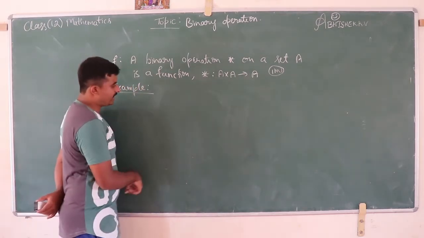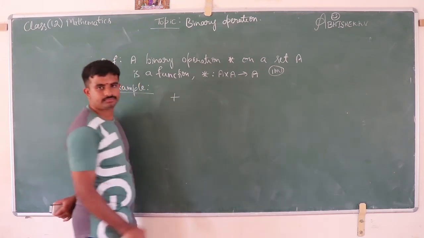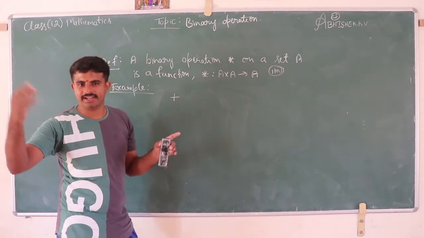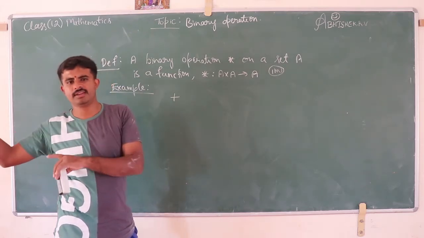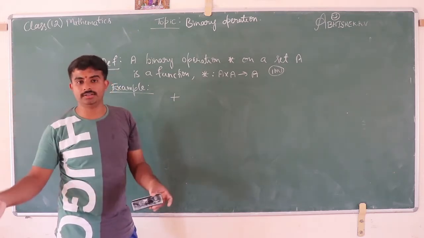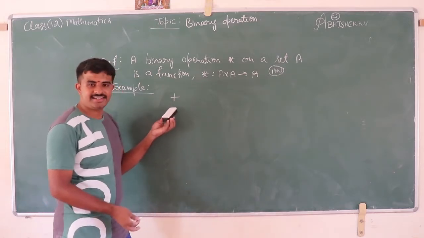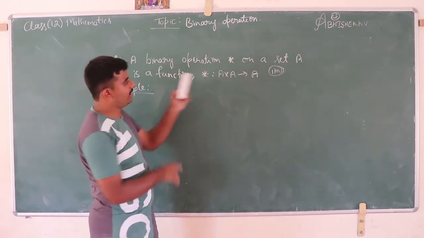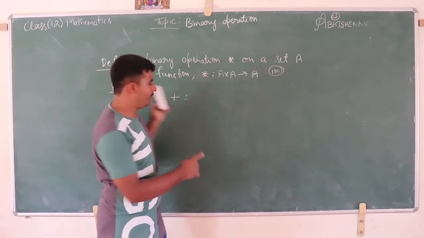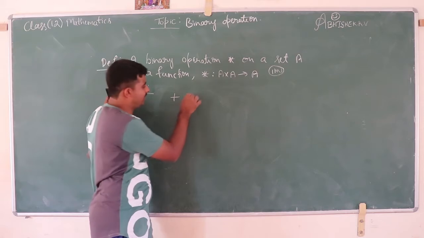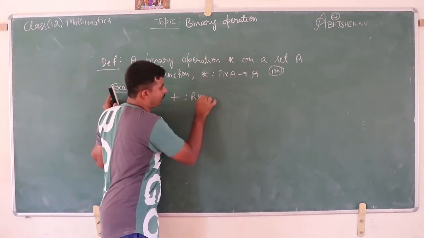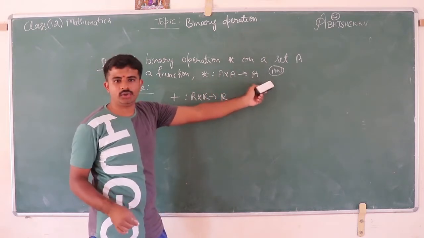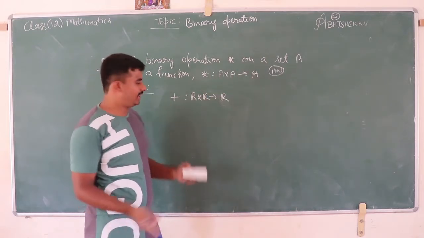For example, if I consider addition as this binary operation, I already told you, addition, subtraction, multiplication, division, LCM, HCF, etc. These are all what? Operations in mathematics. If I consider addition on the set of real numbers, here I took this set as real numbers, then binary operation plus, set of real numbers cross set of real numbers to set of real numbers, A cross A to A. I took A as the set of real numbers.